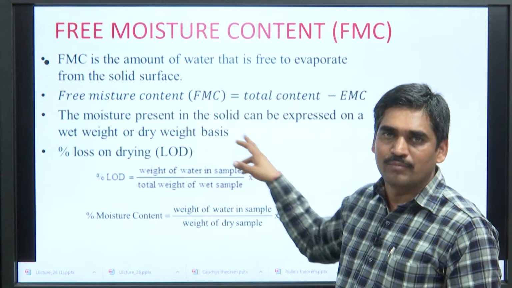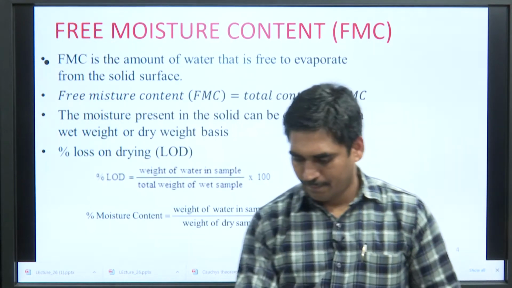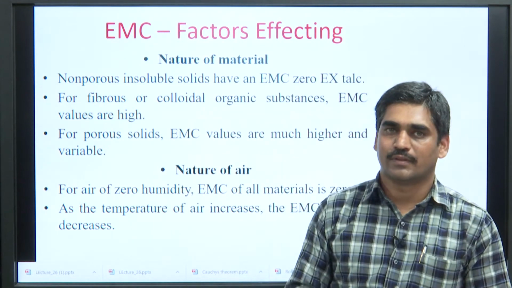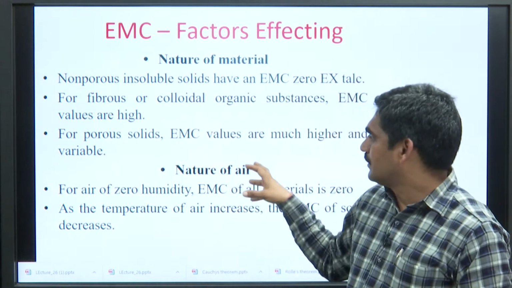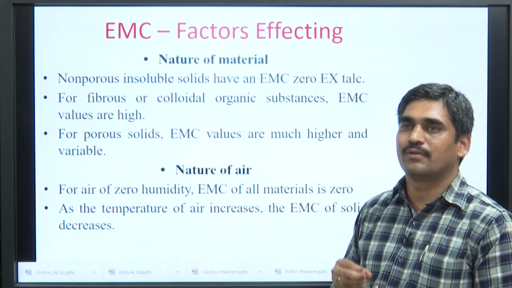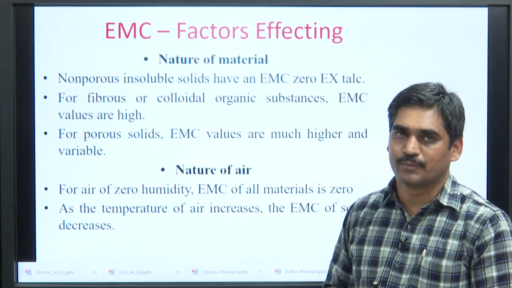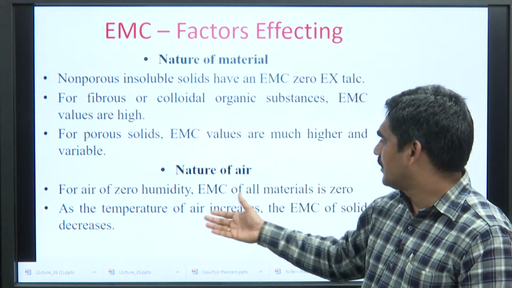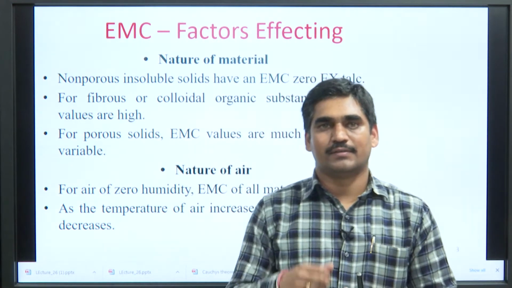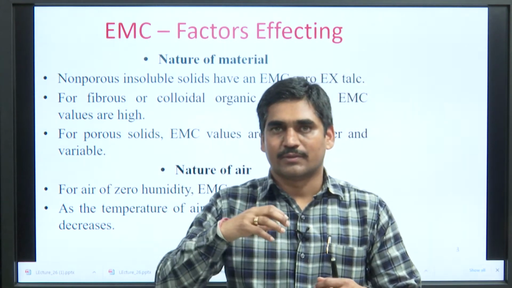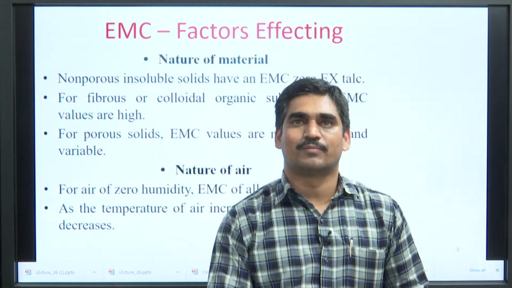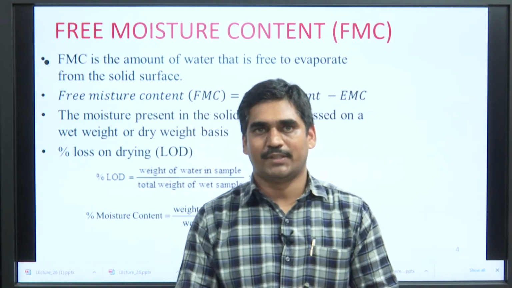Similarly, moving on to nature of air, for air of 0 humidity, EMC of all materials is 0. As the temperature of air increases, the EMC of the solid decreases. These are certain factors which affect the equilibrium moisture content of a material.